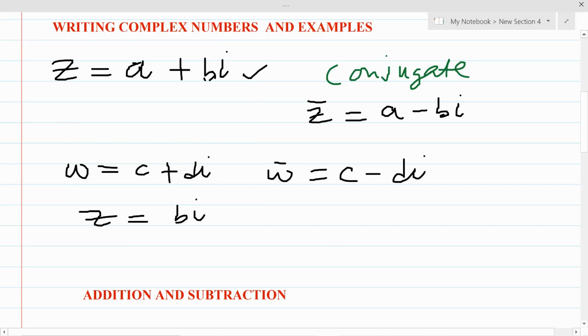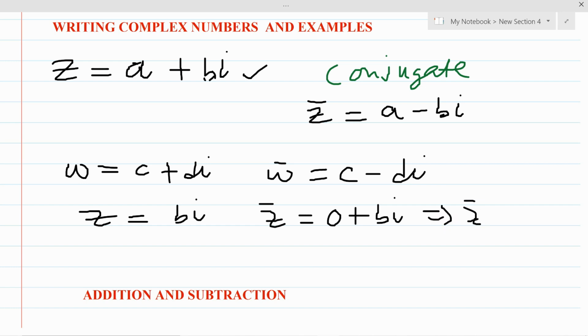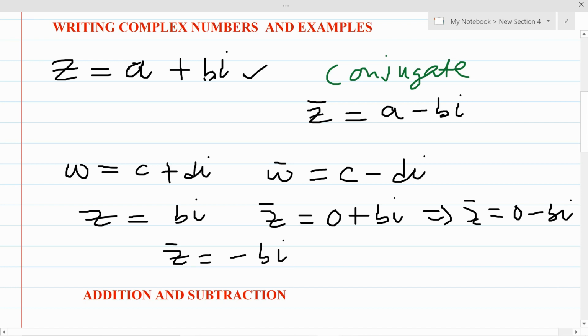Then my complex number is actually written as 0 plus bi. This implies that my z bar, the complex conjugate of this complex number, is equal to 0 minus bi, and 0 minus bi gives me z bar equal to negative bi. So if the complex number is purely imaginary, then its conjugate is the negative of the imaginary part. I hope this is okay.